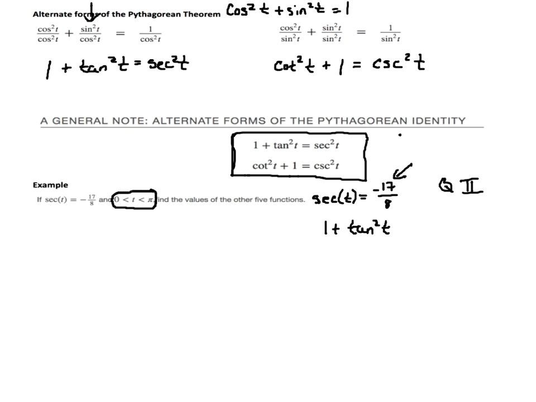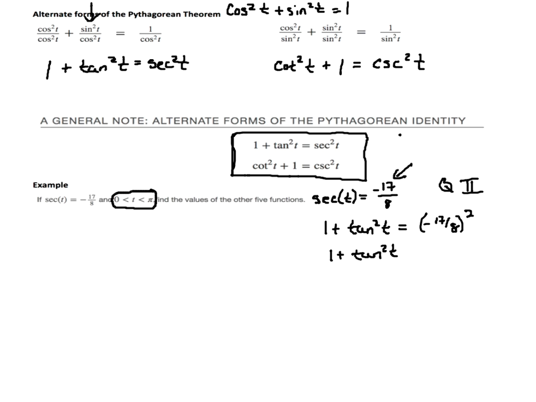So I have 1 plus tangent squared t equals the secant squared of t. Well, the secant of t is negative 17/8. And that's squared.